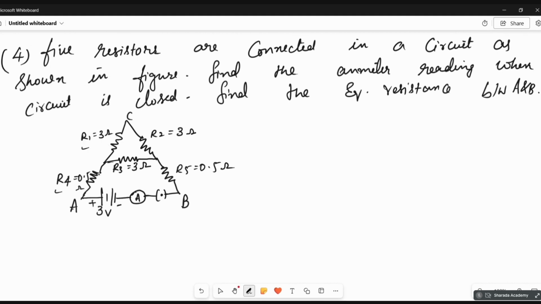But if I put one resistor, where in between can I connect this lead? That also I should check. I can't disturb the whole circuit. So what I will do, I will take these two resistors first, R1 and R2. R1 and R2 are in series. So 3 plus 3, 6 ohms. Now this 6 ohms is in parallel with R3.